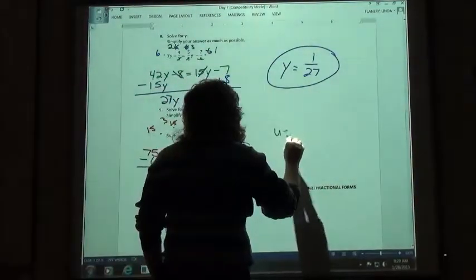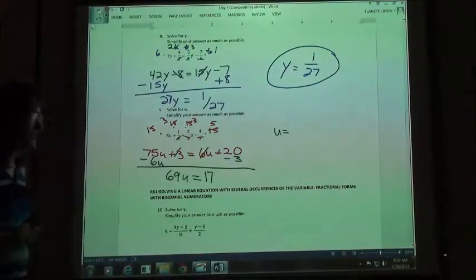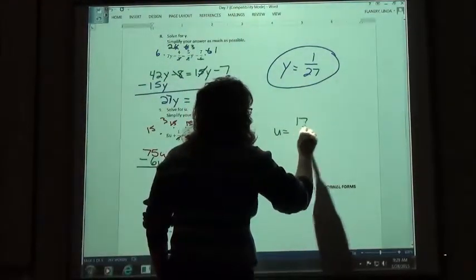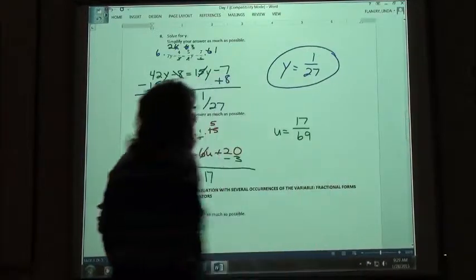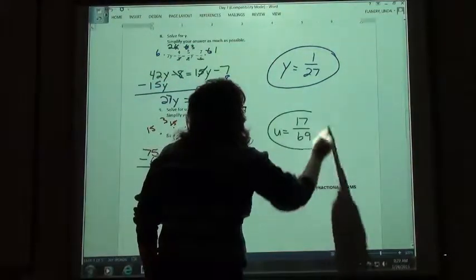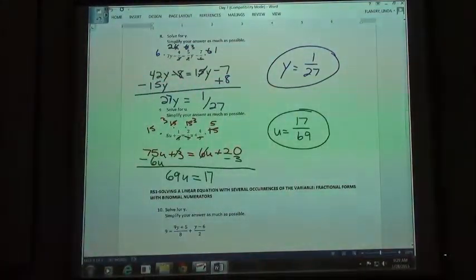And so u is going to equal 17 over 69. I don't believe you can reduce that down. So that's going to be your answer.